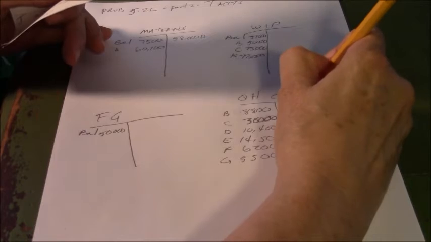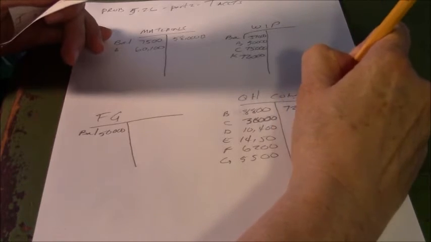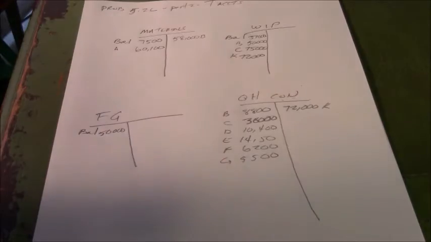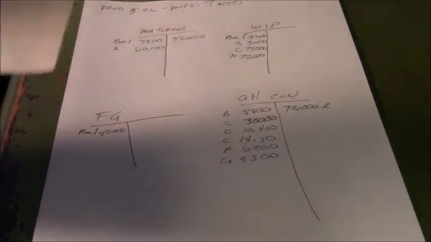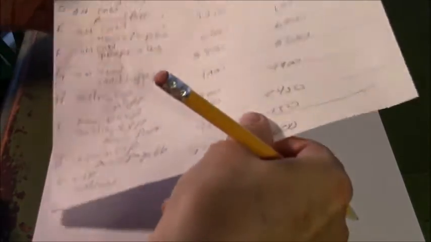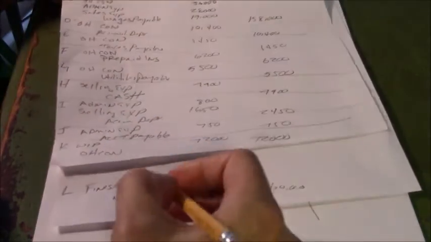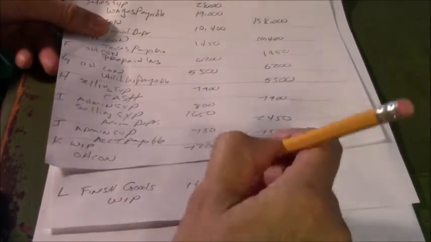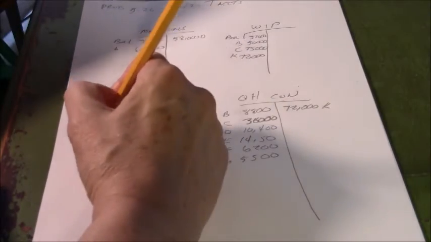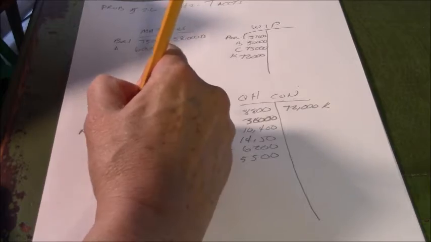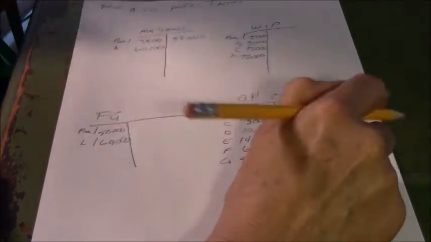So 72,000, transaction K. Alright. And then there was this other one I didn't quite have room for. So we want to debit finished goods 160. That's transaction L. And work in process, credit at 160.